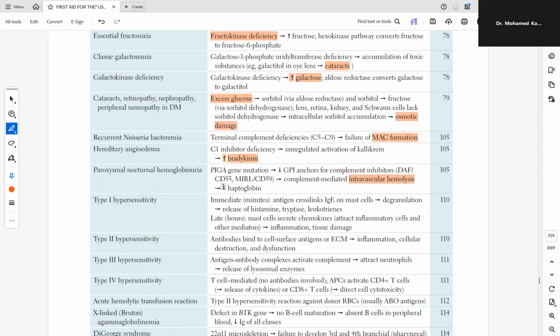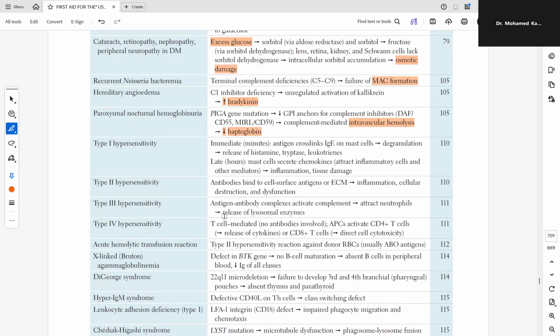Reduced haptoglobin. Type 1 hypersensitivity: we have what's called hypersensitivity reactions. So we have type 1, type 2, type 3, and type 4. These are part of immunology. Type 1 hypersensitivity leads to immediate, in-minutes reactions.